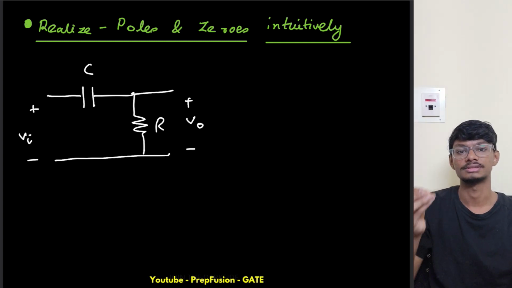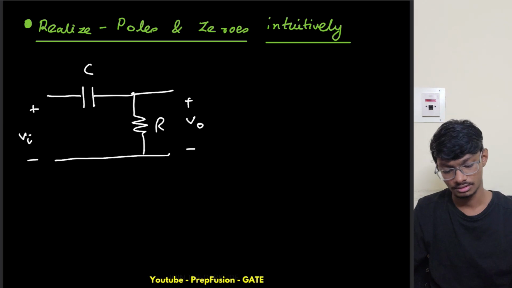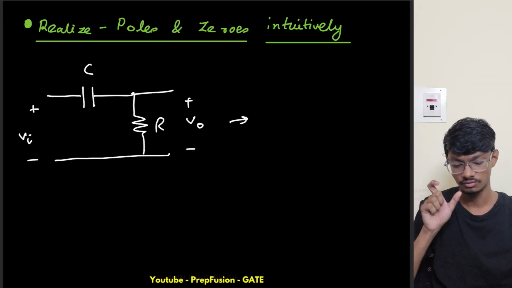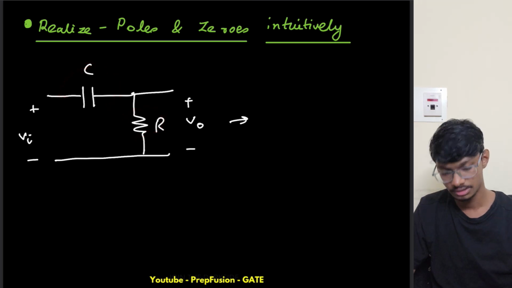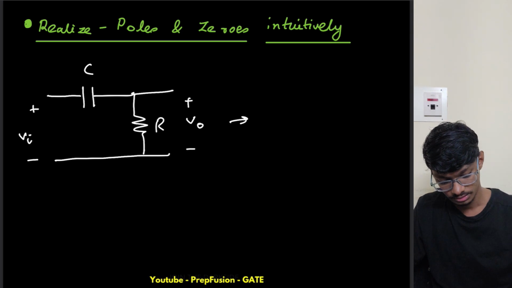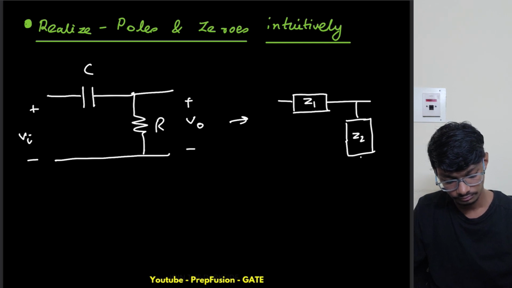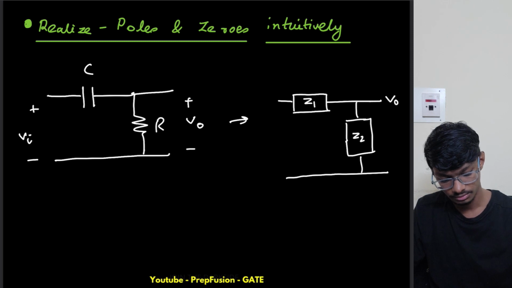So how can we find this intuitively? Let me first break this down into a series combination of impedances. So this is Z1, this is Z2, and this is Vo, this is Vi.